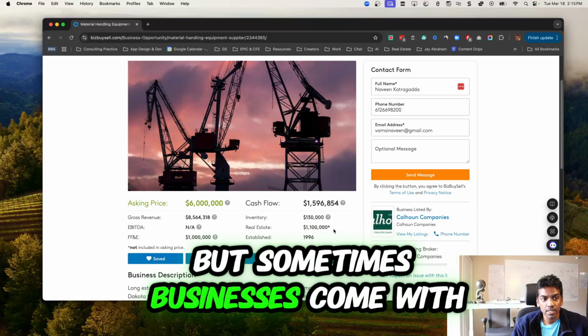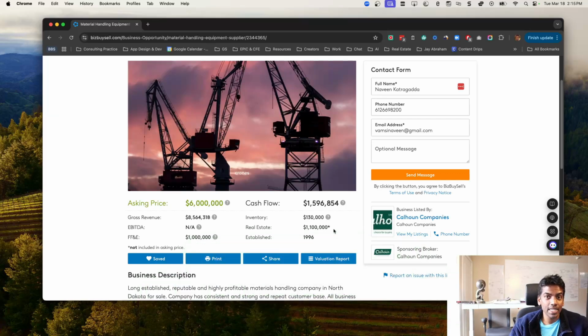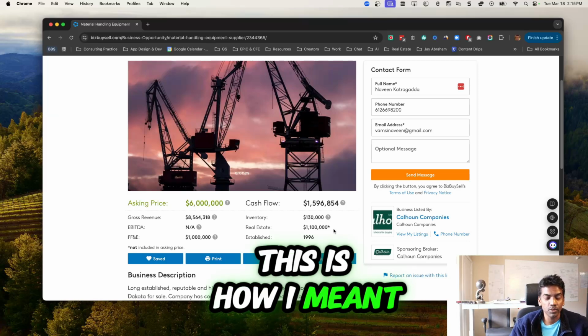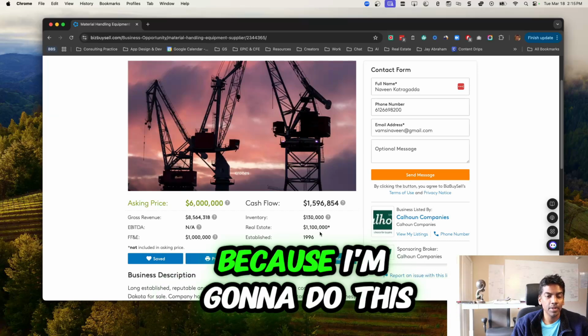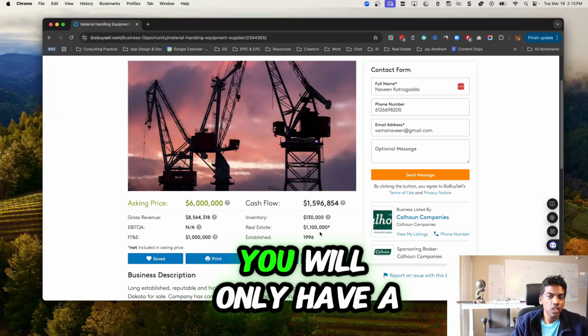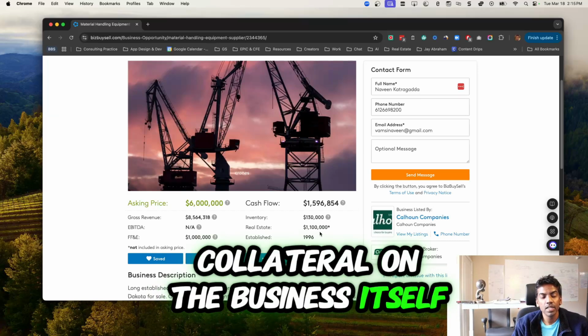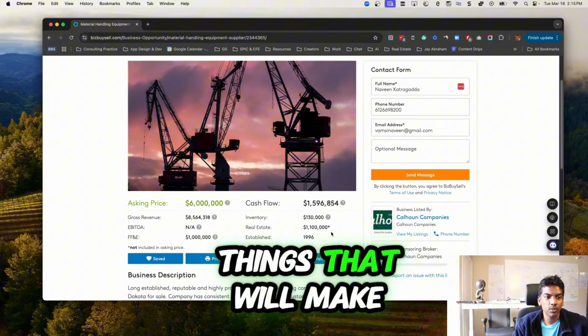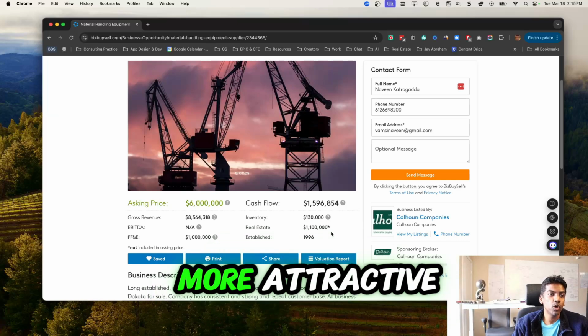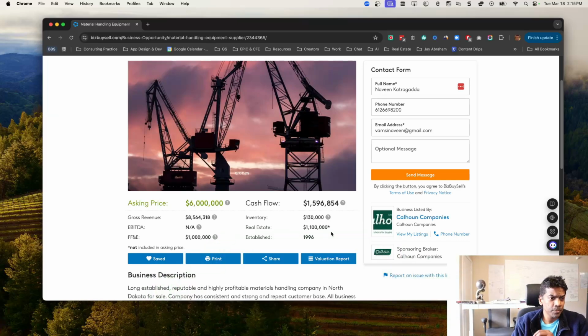But sometimes businesses come with real estate, so you could do a sale leaseback on that real estate. Then you need to work with your SBA provider: this is what I'm intending to do, so I don't want you to put a collateral on the real estate because I'm going to do this other thing. You will only have a collateral on the business itself, things like that. You need to work through this with your lending provider, but there could be other things that could make the deal even more attractive once you go deeper into it.